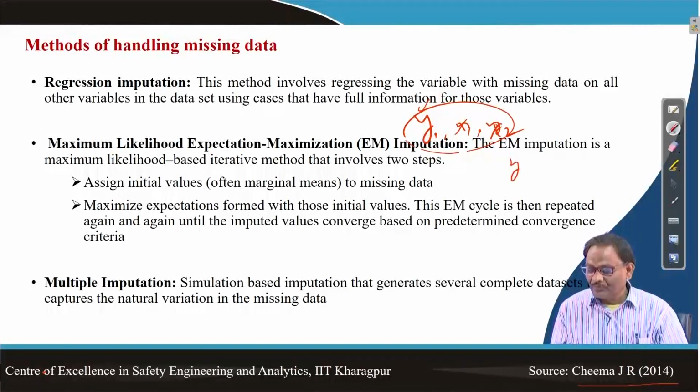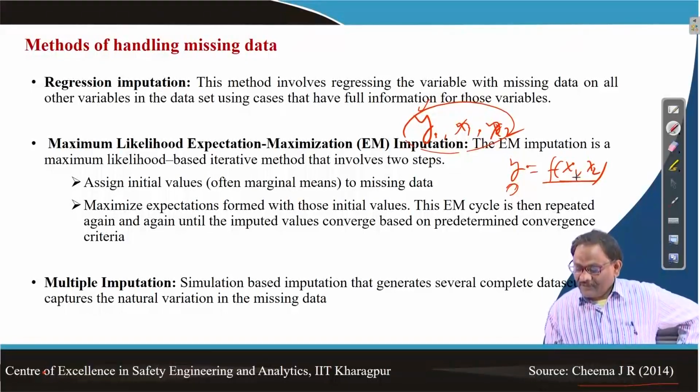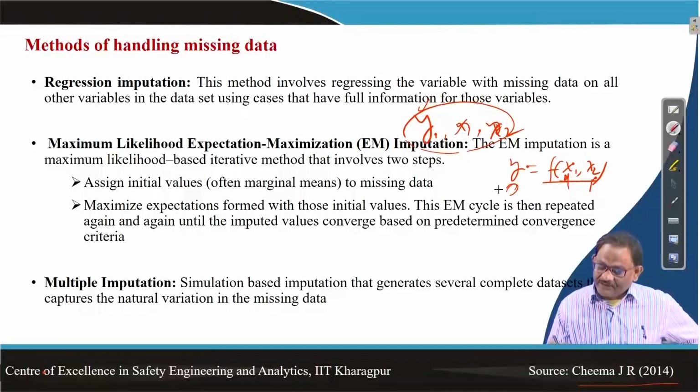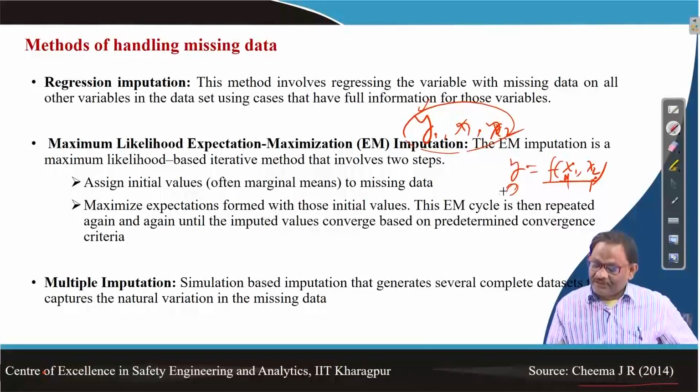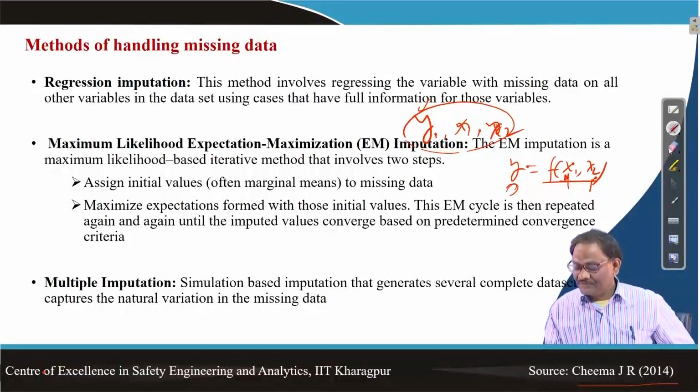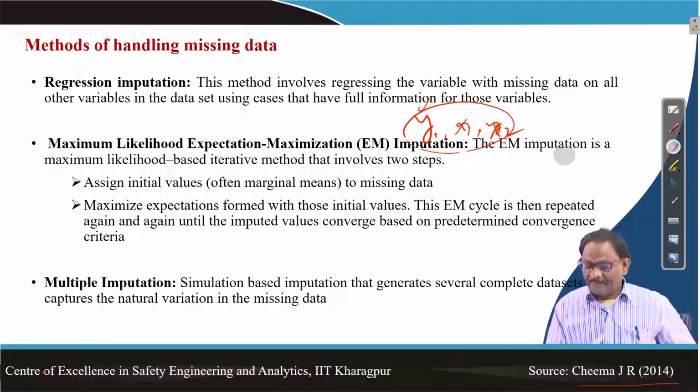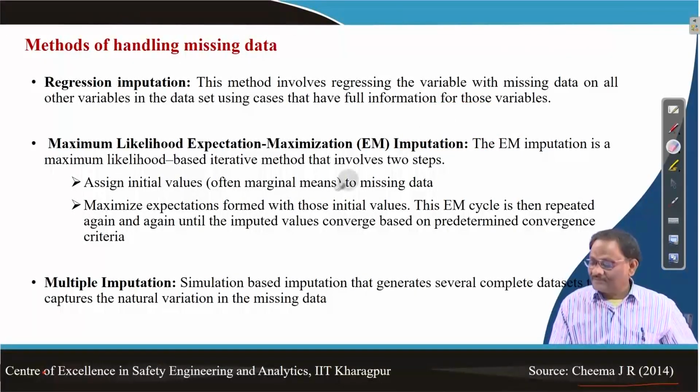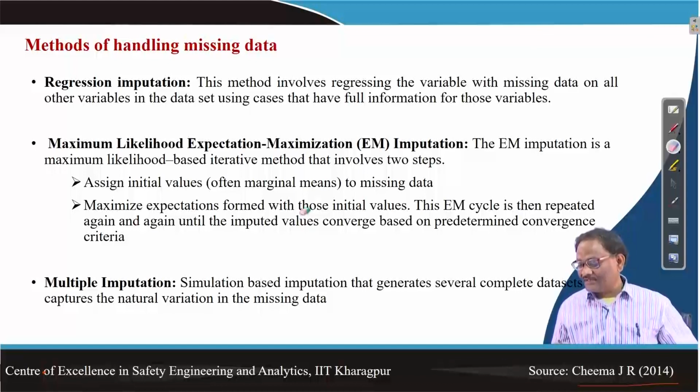Then you fit a regression of y as a function of x1 and x2, and wherever y's data is missing, after the regression equation is known, you put the values of x1 and x2, and whatever expected value of y given x1 and x2 you get, that value will be used as the replacement. This is a very popular method, but primarily it is applicable to numeric data.